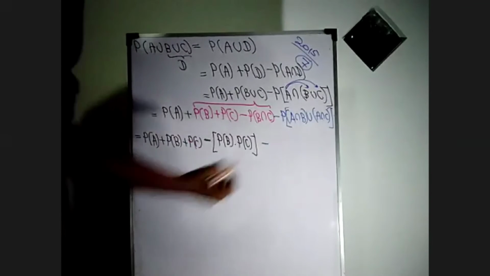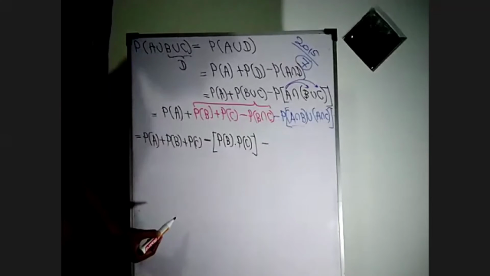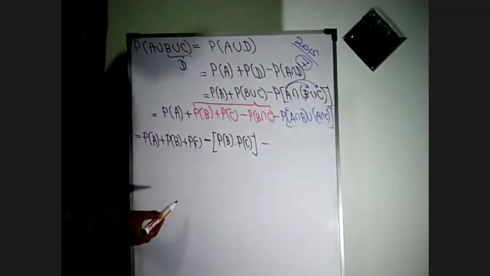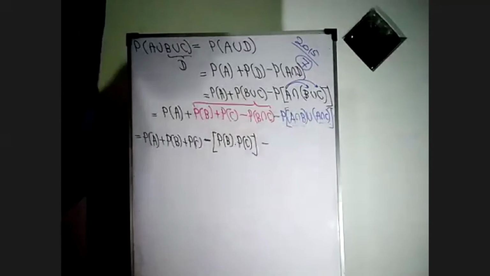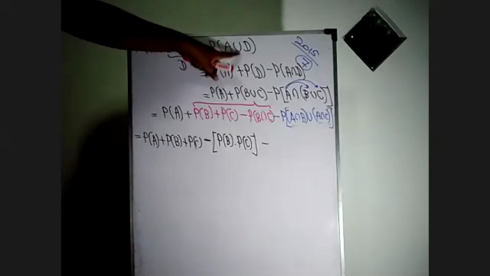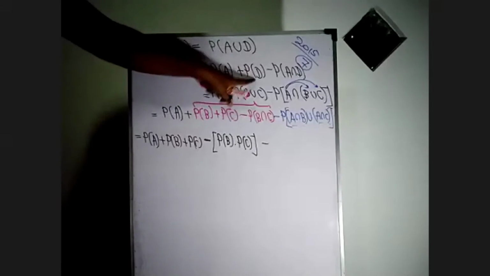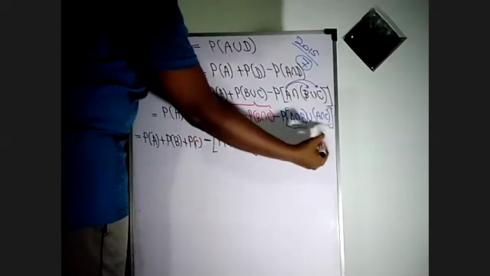Okay, minus. Now what is this? We have two events, A intersect B, A intersect C. The notation in between is union. Now we can apply this logic, this theorem. A union D, A, D minus intersection. Similarly, for this, these two are the events.